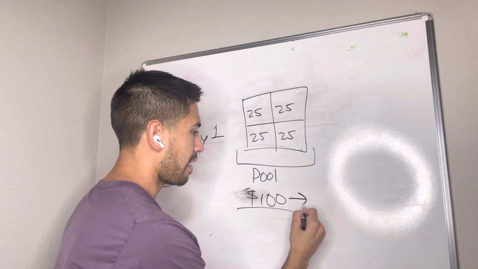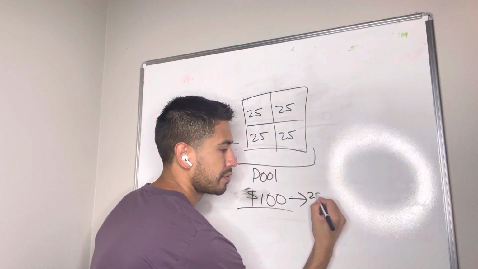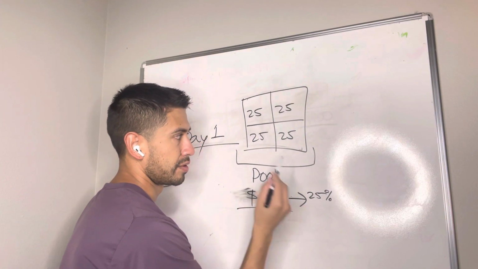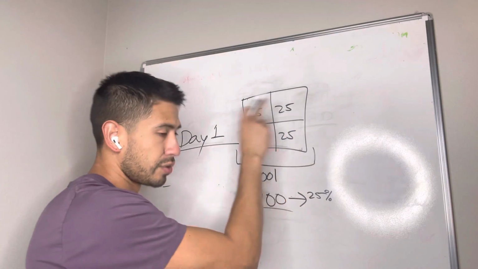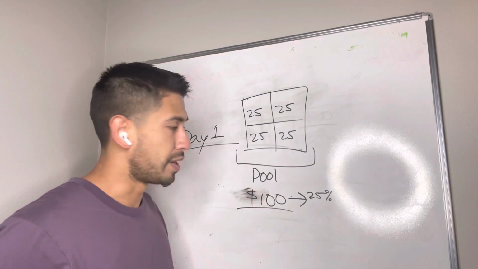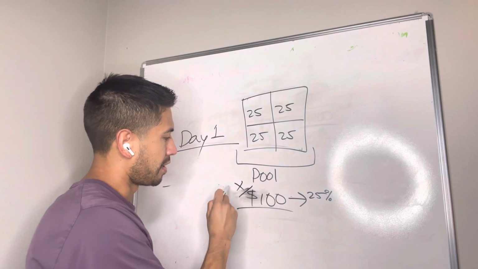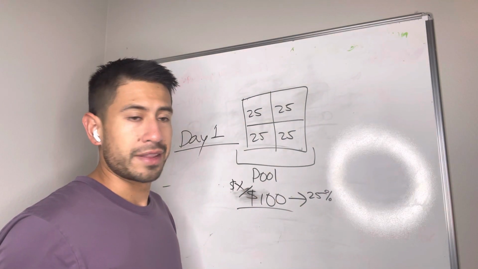That means that on day 1, each person has 25% ownership of the total capital in this liquidity pool, all based off the ratio of each person's capital input out of the total capital at the end of the day, right?